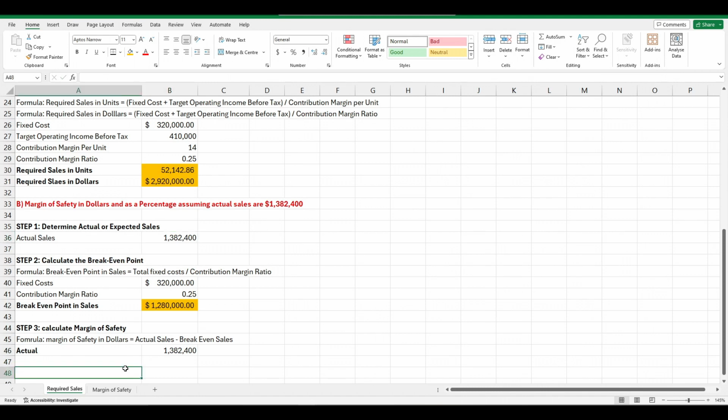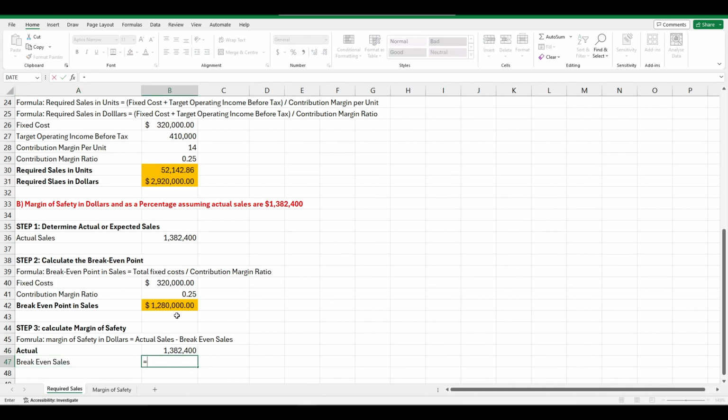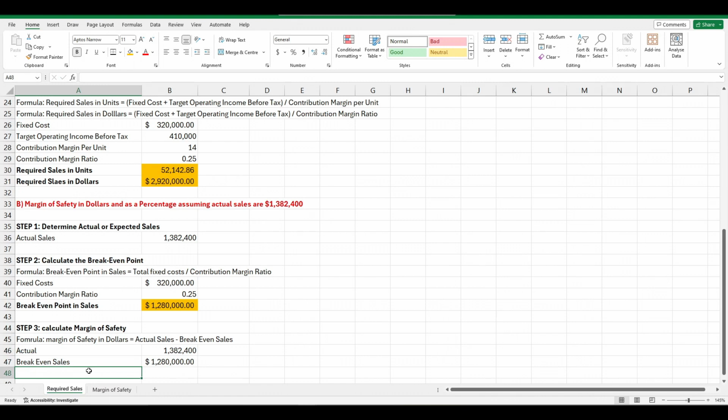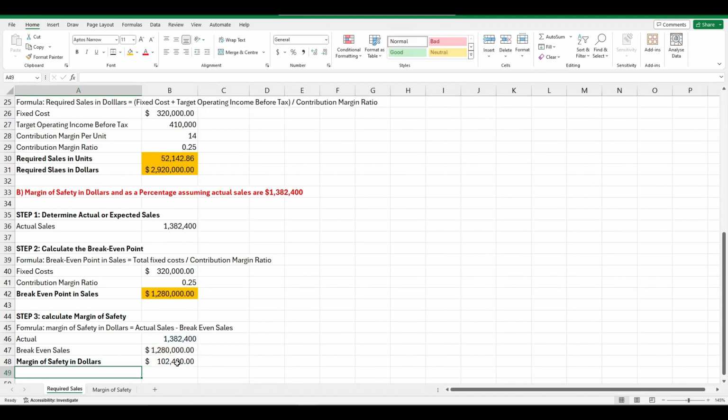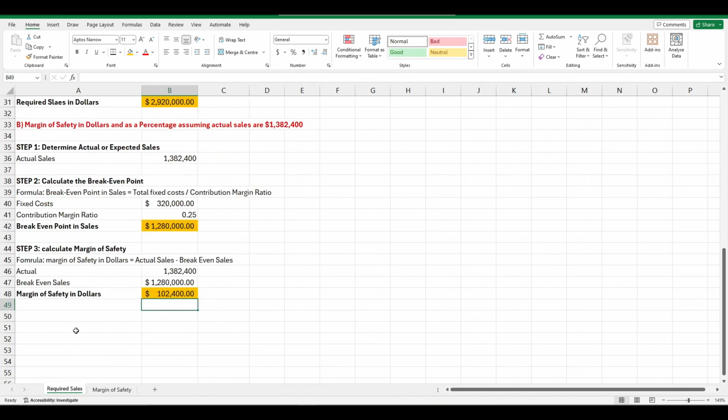And our break-even sales is 1,280,000. So our margin of safety in dollars is equal to our actual sales. Just click the equal sign, click the number you want, click the minus, and then click the second number, break-even sales. And this is our margin of safety in dollars. I'll put this in orange again.